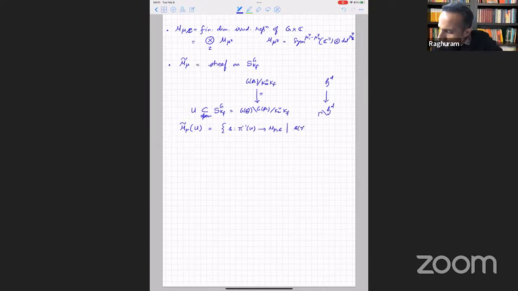s of gamma x is, let me call this representation rho mu. Rho mu stands for the action on that vector space mu. So this will be rho mu of gamma, s of x.